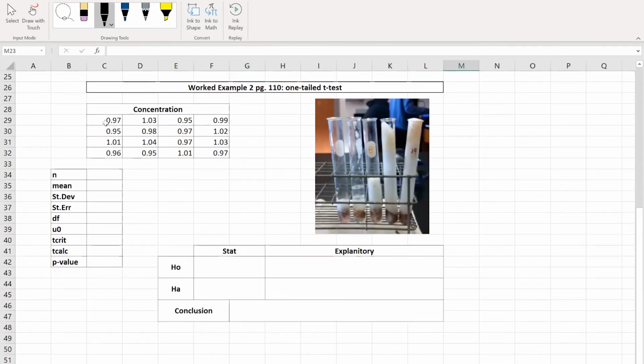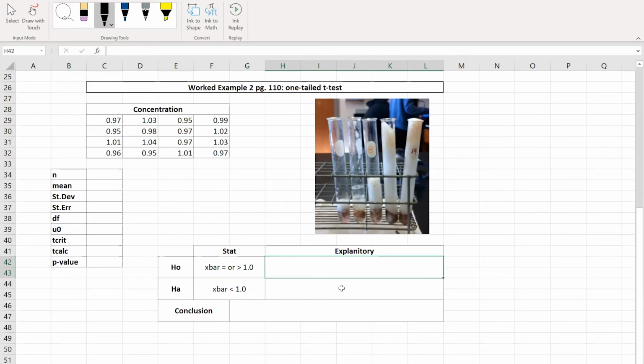For the second example, our null hypothesis is that our sample mean is equal to or greater than 1.0. The alternative is then that our X bar is less than 1.0. That would be if our new protein is an enzyme, the molarity of the solution would decrease, the concentration would decrease.